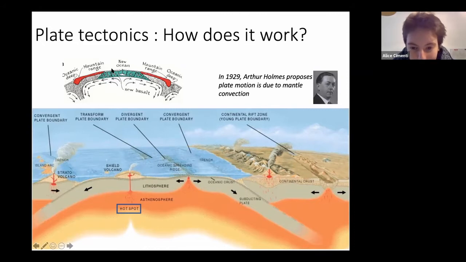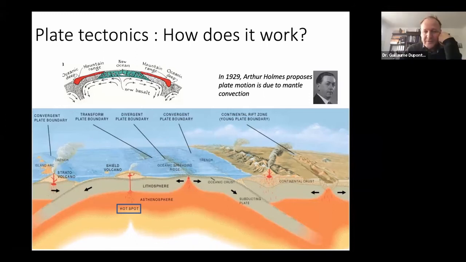So we have a subducting plate there. The oceanic crust is a bit heavier than the continental crust. So when they get together, the oceanic crust tends to go down and subduct into the mantle.